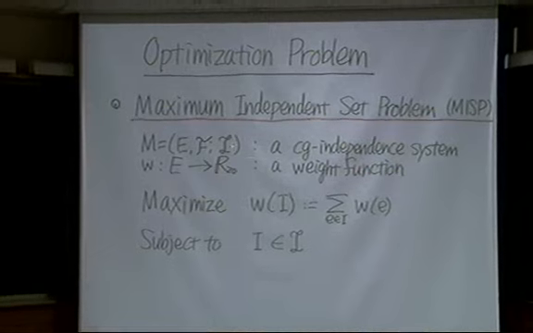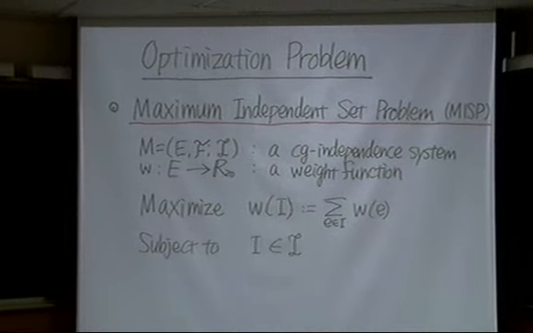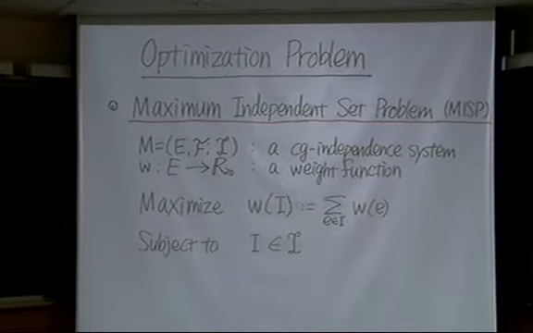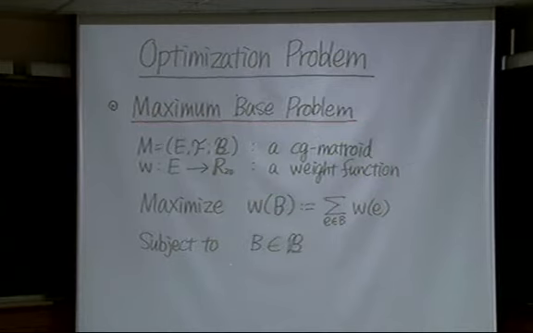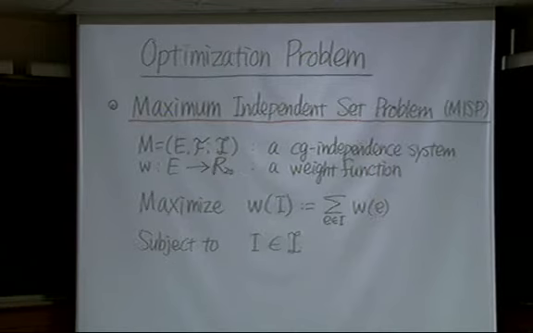We also call these independent sets of the CG independence system. We want to find a maximum independent set. Because a base is indeed a maximal independent set, this is a more general problem, and we will consider this problem. Maybe I will write down MISP for short, the maximum independent set problem.